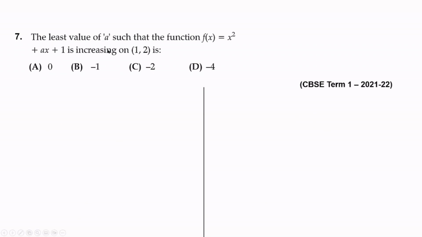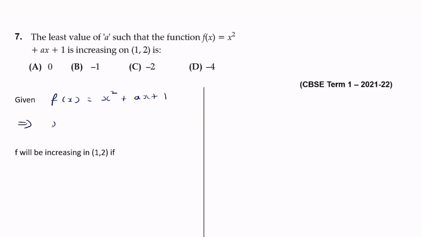Next question, the least value of a such that the function f of x equal to x square plus ax plus 1 is increasing on open interval 1, 2 is. Here we have to find the least value of a such that we have this function increasing on this open interval. So given f of x is equal to x square plus ax plus 1.